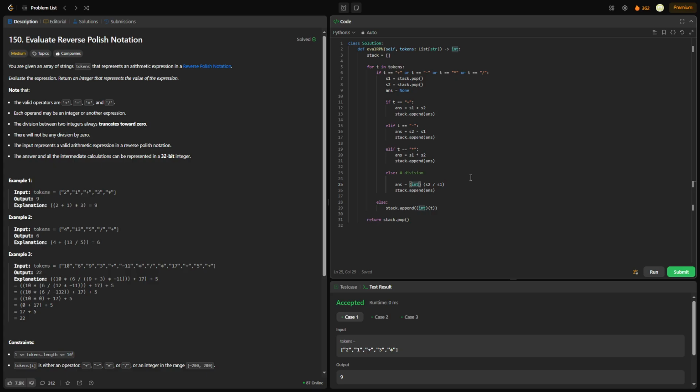In either case, you're going to write stack.pop twice once, or write it in every single one of these branches. There's no way around it, but I think this answer is pretty readable, so I just prefer having it like this.